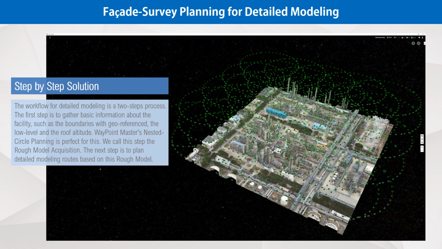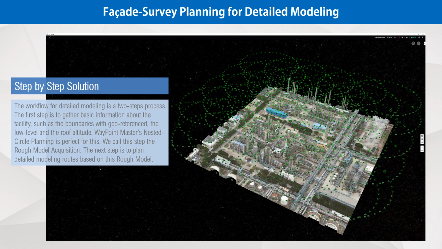The first step is to gather basic geo-referenced information about the facility, such as its boundaries and height. Nested circle planning is perfect for this. We call this step the rough model acquisition. The next step is to plan detailed modeling flight routes based on this rough model.